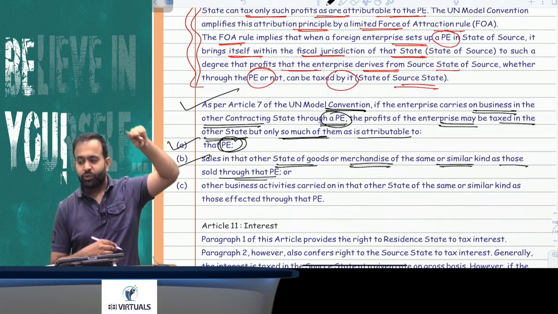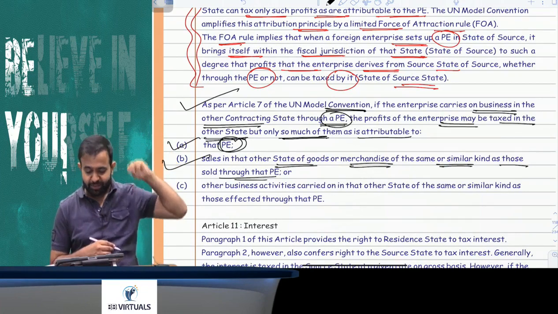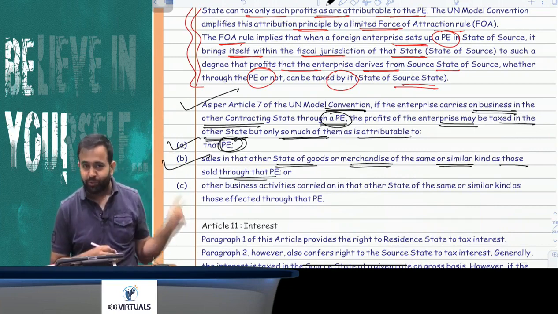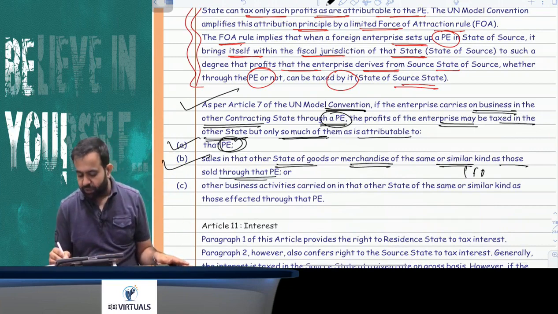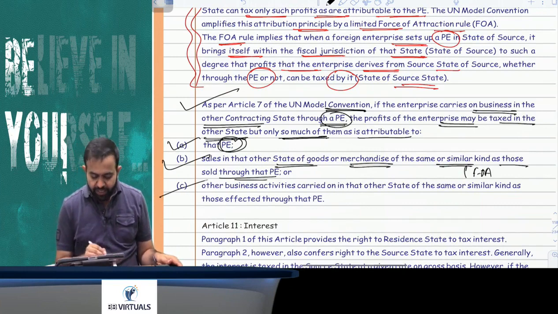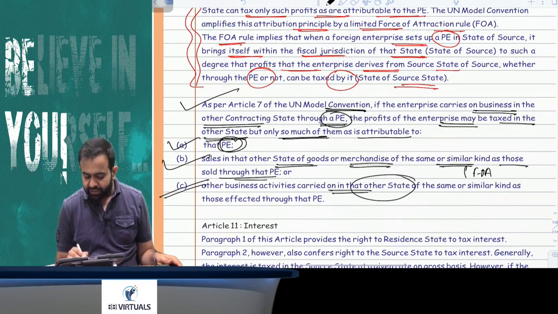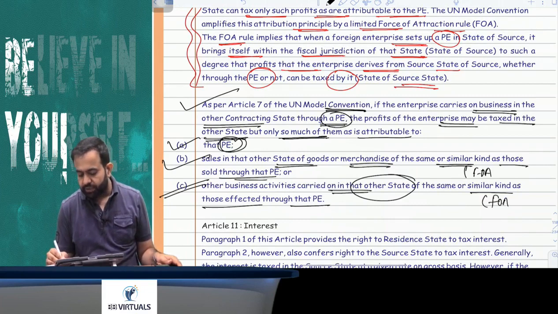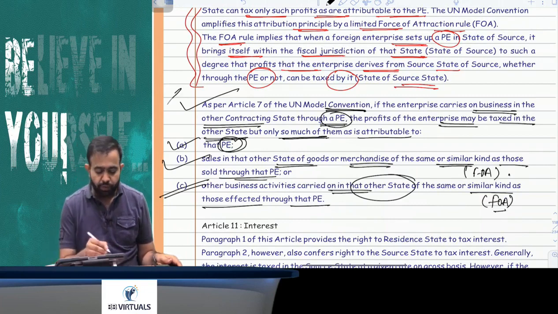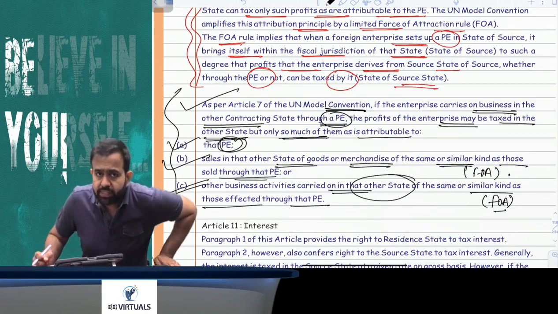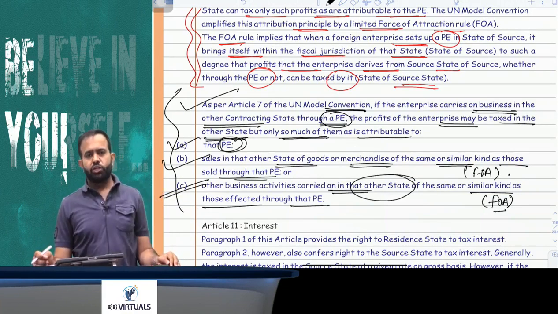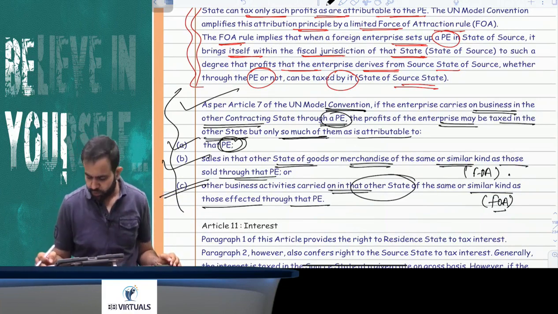That is, that car sold directly by the head office, that income is also taxable as per the UN model, because of the force of attraction rule, that is called FOA rule. And other business activity carried on in that other state of the same or similar kind as those effected through the PE. So this point is the force of attraction rule. You have to remember this force of attraction rule is given in your UN model and not in the OECD model. You got my point or not?